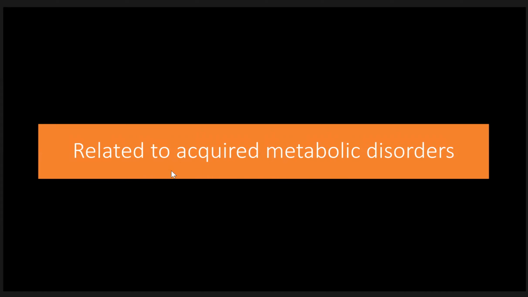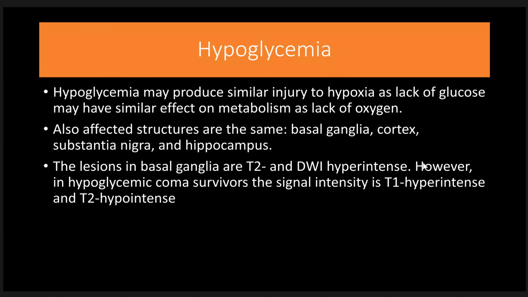The other category is related to acquired metabolic disorder. We have hypoglycemia, which can affect the basal ganglia and appear on the T2 and diffusion weighted images as hyperintense.